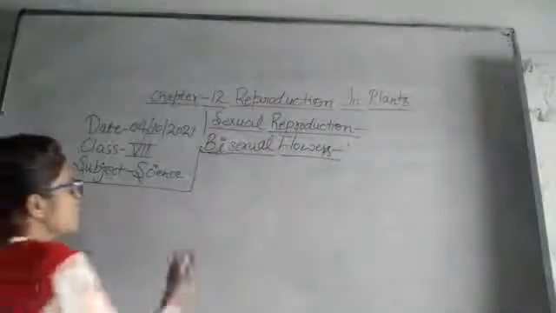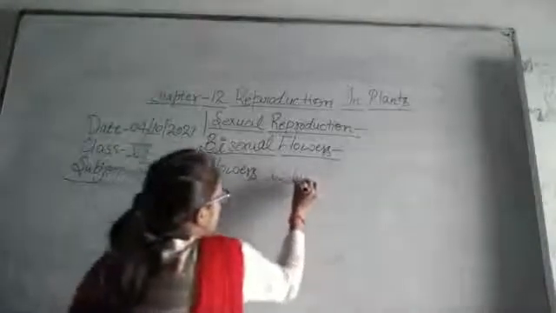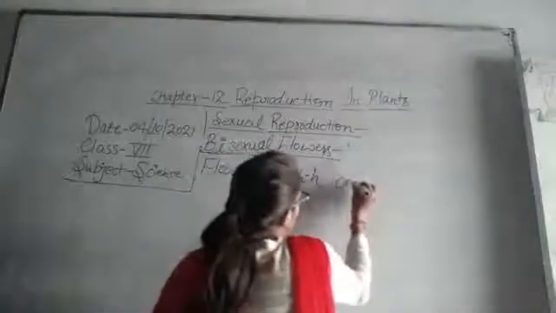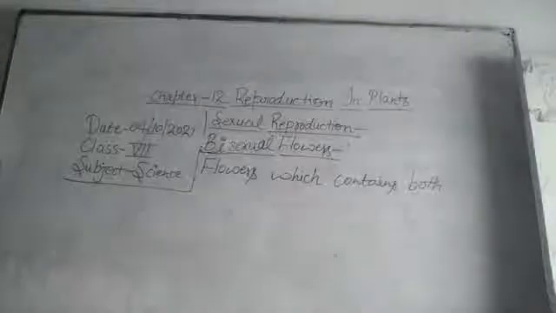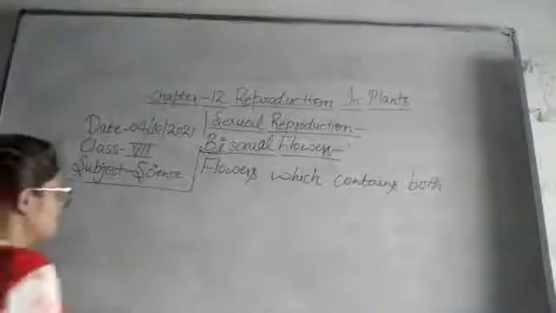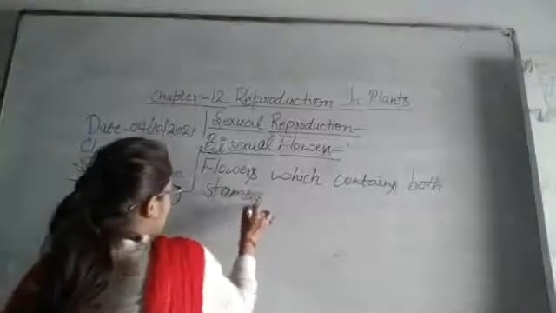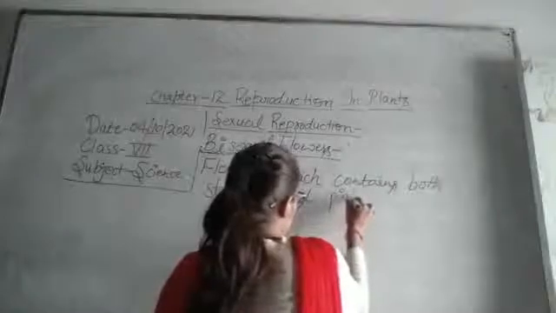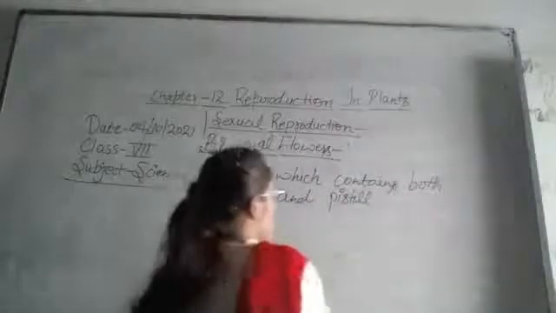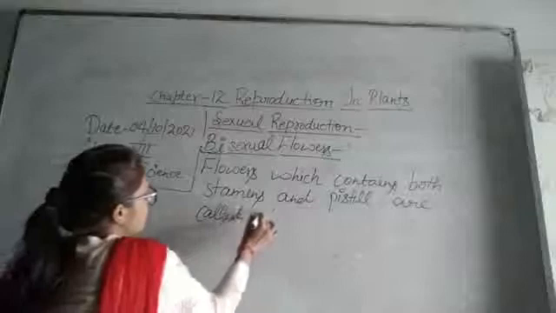Flowers which contain both stamens and pistil are called bisexual flowers.